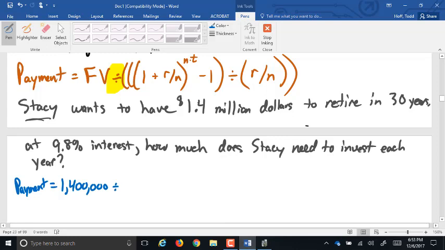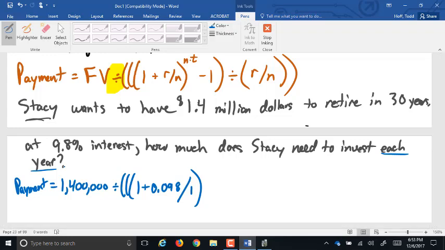So our future value is our 1,400,000 divided by 1, 2, 3. 1 plus, what's R? 0.098, thank you. Divided by what's N? 1, once a year, each year. This would be, for example, like IRAs. Most IRAs, you make a contribution at the end of the year or at the beginning of the year, depending on how you want to do it. Usually make it once a year.